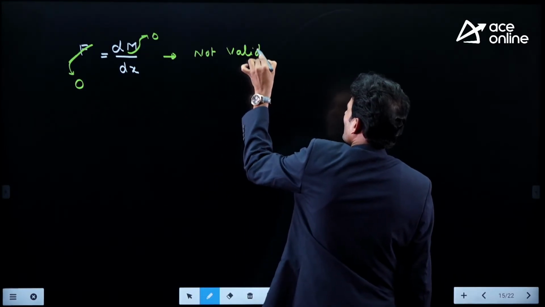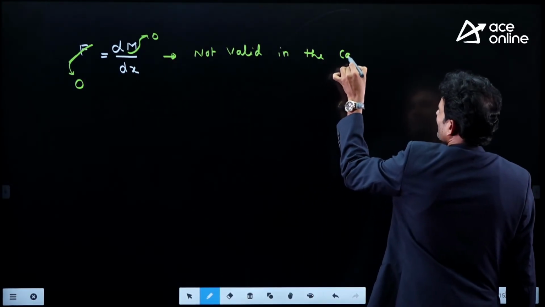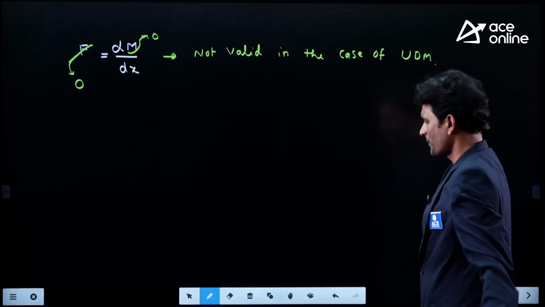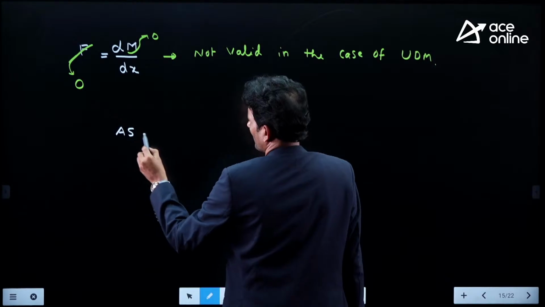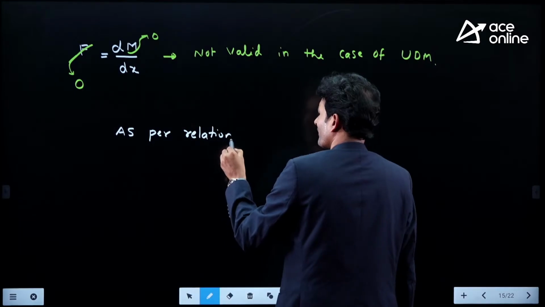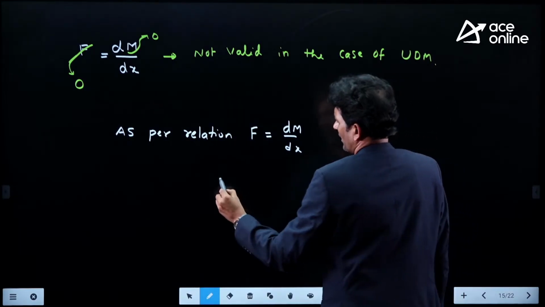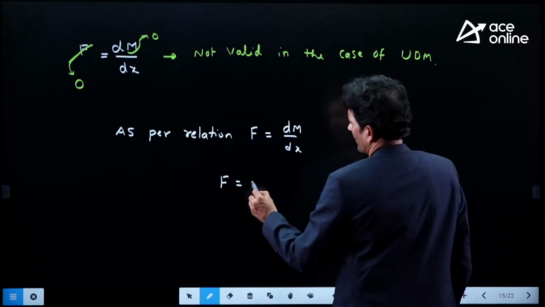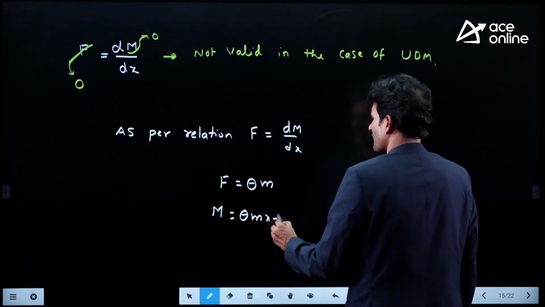This relation is not valid in the case of distributed moments, uniformly distributed moment. As per the relation, F equal to dM divided by dx. What is the shear force available at the section? Minus M. If the shear force is minus M, then the corresponding bending moment must be minus Mx plus C.